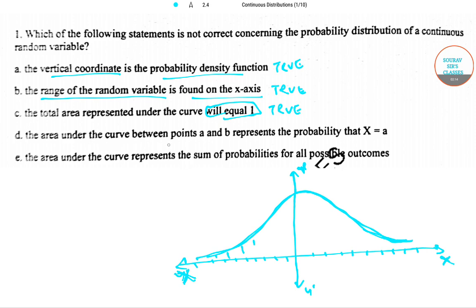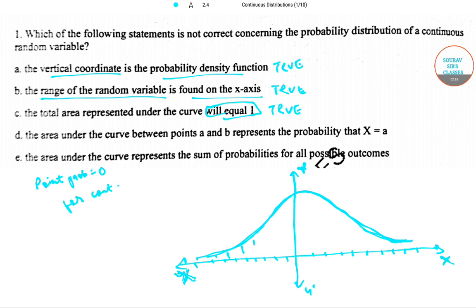The area under the curve between points A and B represents the probability that x is equal to A. Well, this is false because, firstly, remember that for a continuous random variable, point probability is equal to 0.